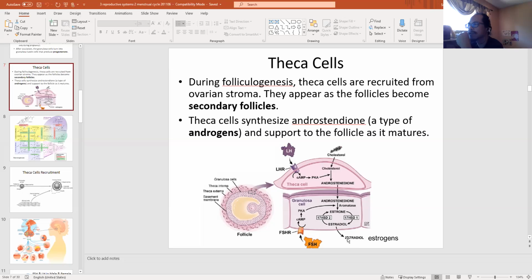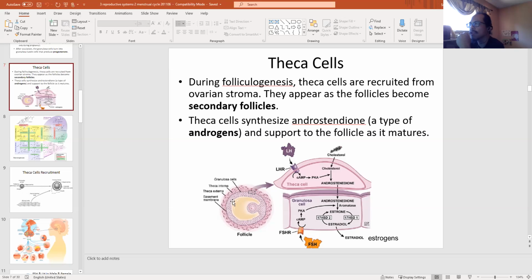So that's that. When you see the circulating layer of these theca cells, this is the time of moving from the primary to the secondary and toward the tertiary. So that is a sign of the secondary follicle. The difference between the secondary and the tertiary is the antrum formation.